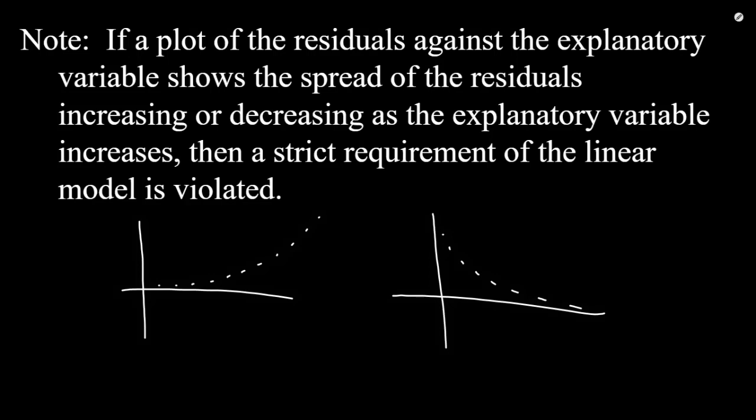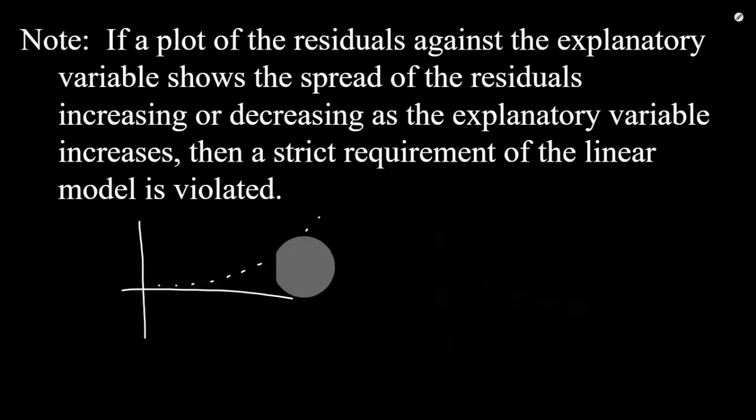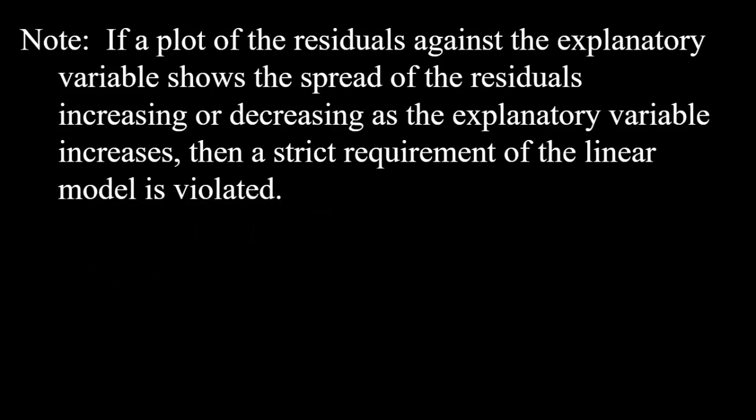So that's the sort of thing we're talking about here, and we need those residuals to stay pretty close to zero. And like I say, some of them might be above, some might be below, but they need to stay pretty close to zero and not have that distinct pattern, like a curve like we saw in that last one.